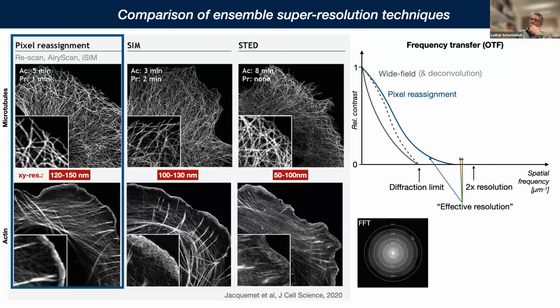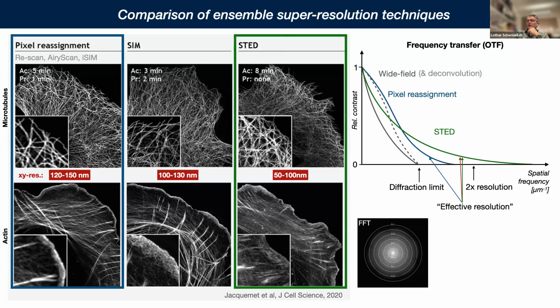Pixel reassignment techniques are very efficient in transferring contrast in the lower spatial frequencies, going from small structures up to structures with high spatial frequencies, but they usually have a bell-shaped curve, whereas STED gives you a distinctively tent-like curve.